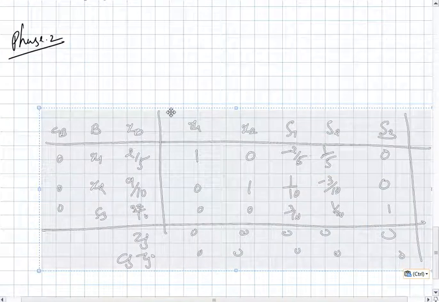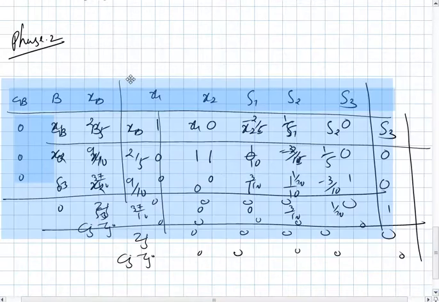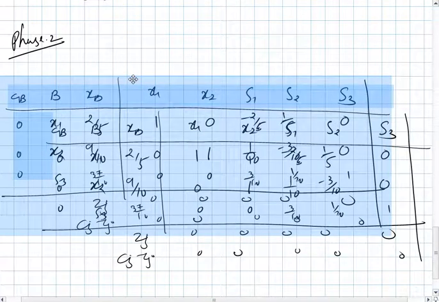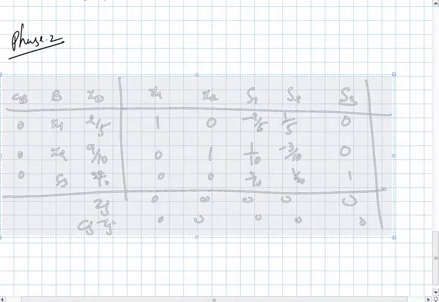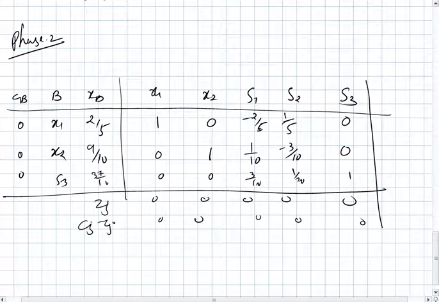So this is our table. We just have to change the coefficients. So coefficients are now, these are not there. Values are from the original objective function.